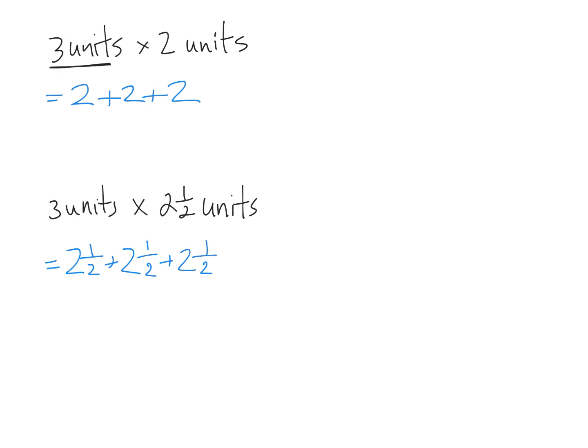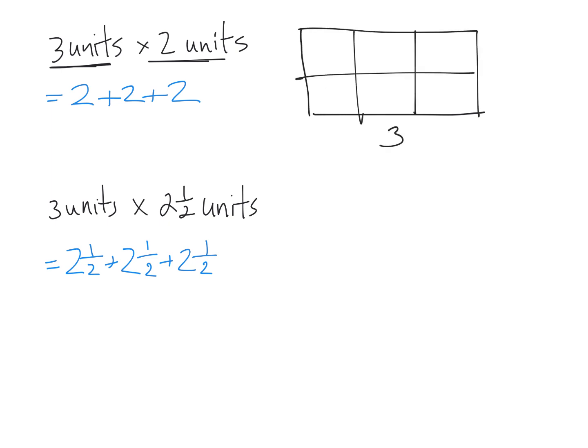So we want to think of 3 by 2 as a length of 3 and a height of 2, and we really want students to think of it like this. When we think of 3 units by 2.5 units, I want to get rid of this one because I don't need it anymore.